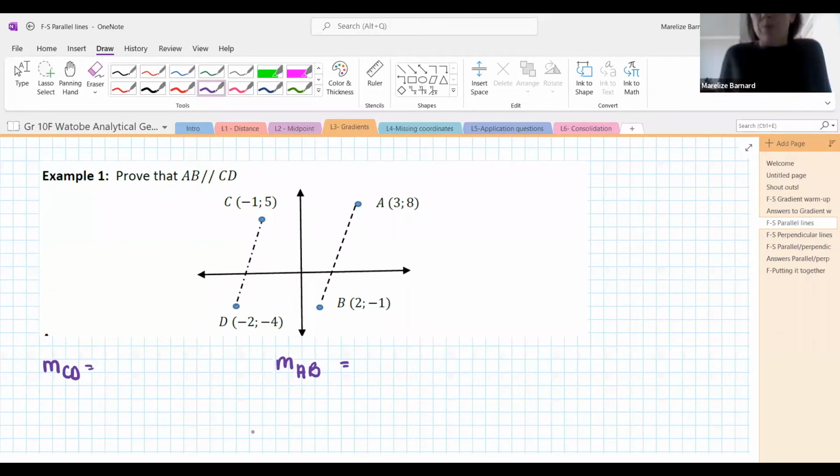Work it out and pop it in the chat. Make sure you've got the answers for both CD and AB before you pop your answers in the chat.